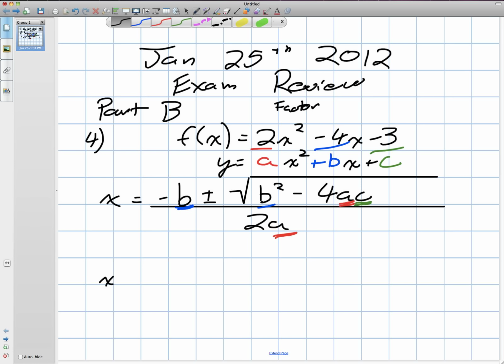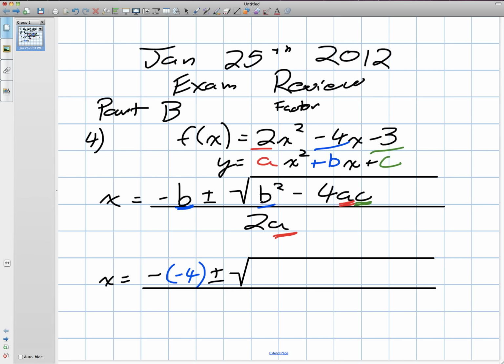So when we go to plug this in the quadratic formula, we get negative b, and b is negative 4, so negative negative 4, plus or minus. Why do they put that plus or minus sign there? Because you have to have a positive and a negative of what? Of the equation. Why do you need a positive and a negative?